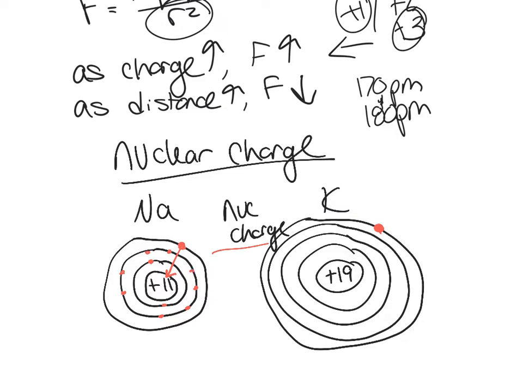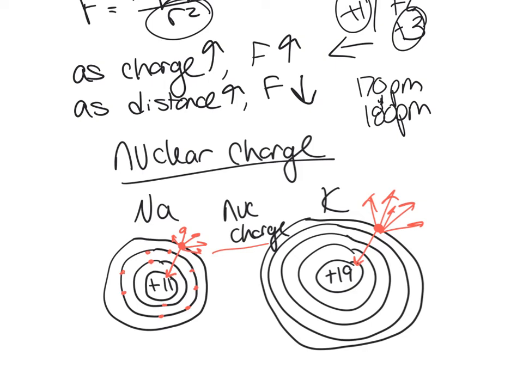Now, all of those electrons are essentially repelling that valence electron, right? Because like charges repel, and we learned that with the POGL that we did. So the true nuclear charge for sodium is +11. The true nuclear charge for potassium is +19, okay? But potassium has 18 electrons that are repelling that outermost electron, okay?